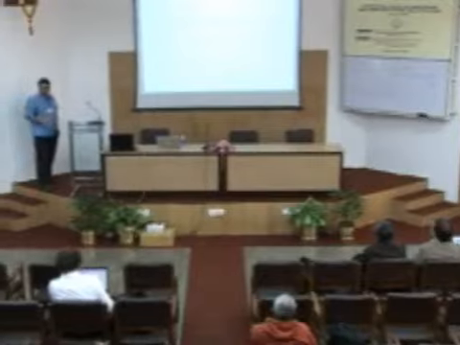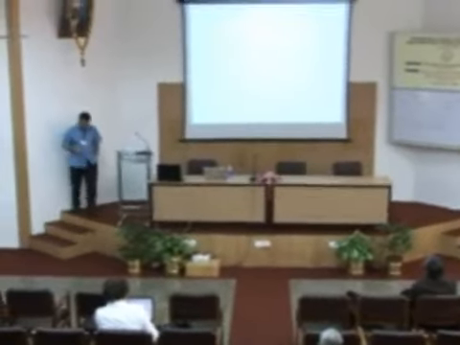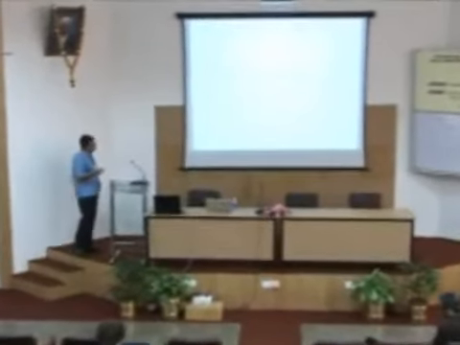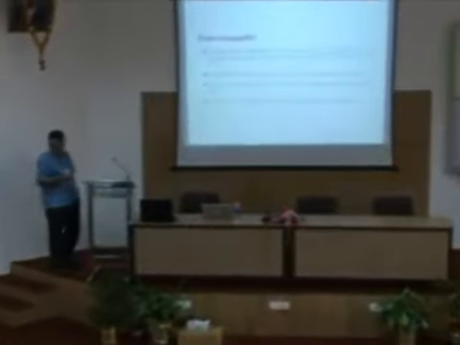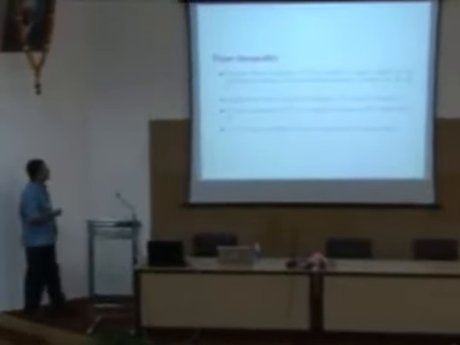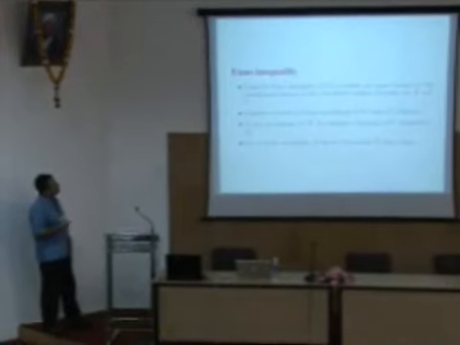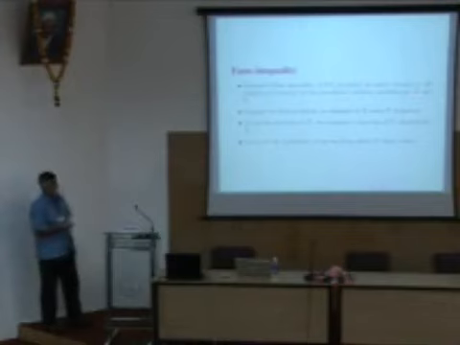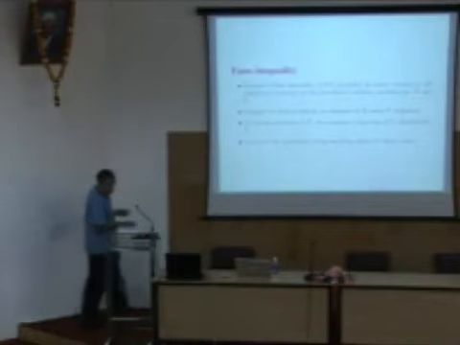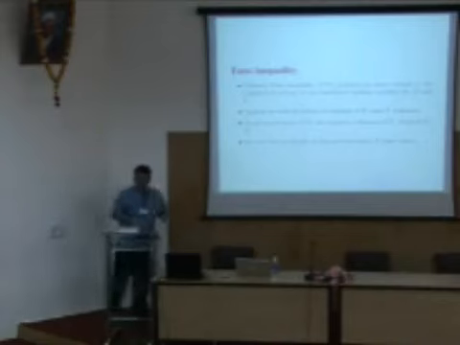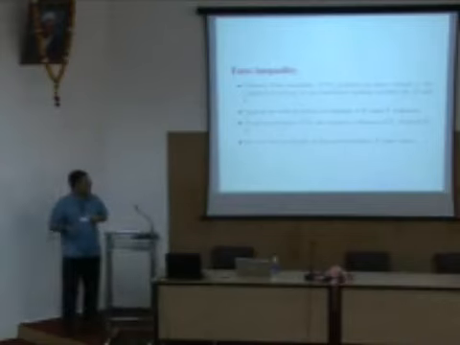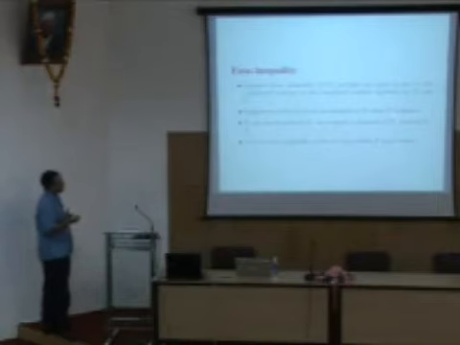Let me talk briefly about the Fano inequality. Let's talk about the classical Fano inequality first, CFI. It provides an upper bound to the conditional entropy of two correlated random variables, and let's say these random variables are x and y. So what do I mean by this? Suppose we want to obtain an estimate of x when y is known.